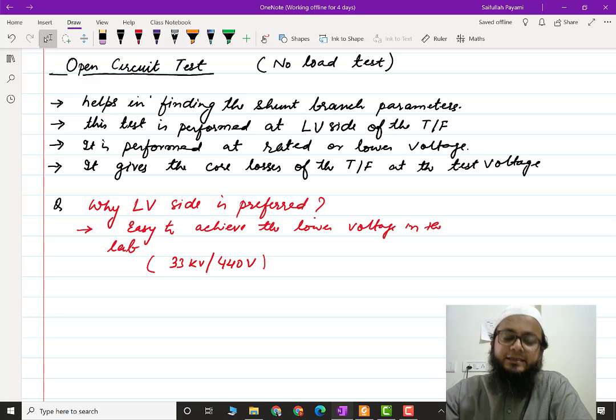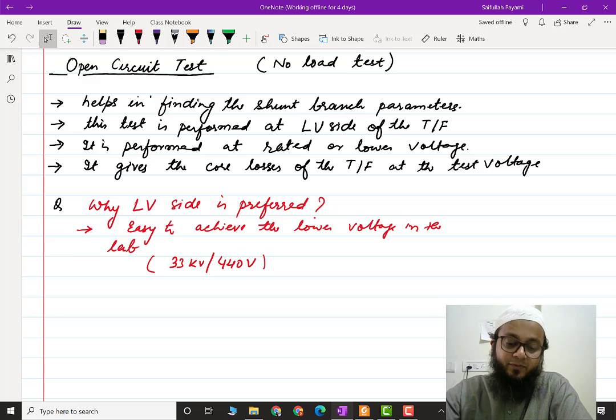So if this current is less, and we perform the test at the 440 volt side, obviously this current will be higher as compared to if we perform the test at the 33 kV side.